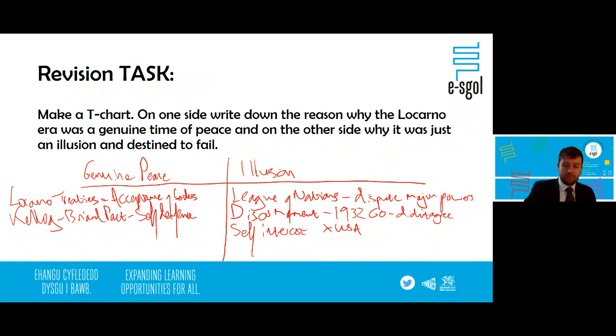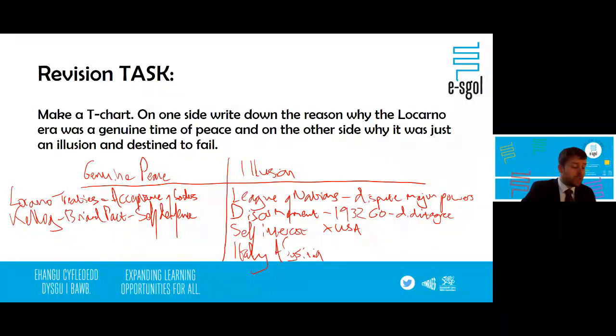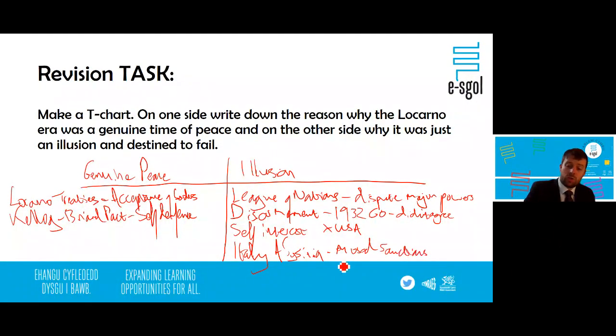Now, you also have some massive failures of the League of Nations, particularly Italy and Abyssinia. When Italy sought to invade Abyssinia, Britain pleaded to the League of Nations to get involved. The League of Nations imposed initially moral sanctions, right? It's like a telling off. Don't do it. And also economic sanctions.